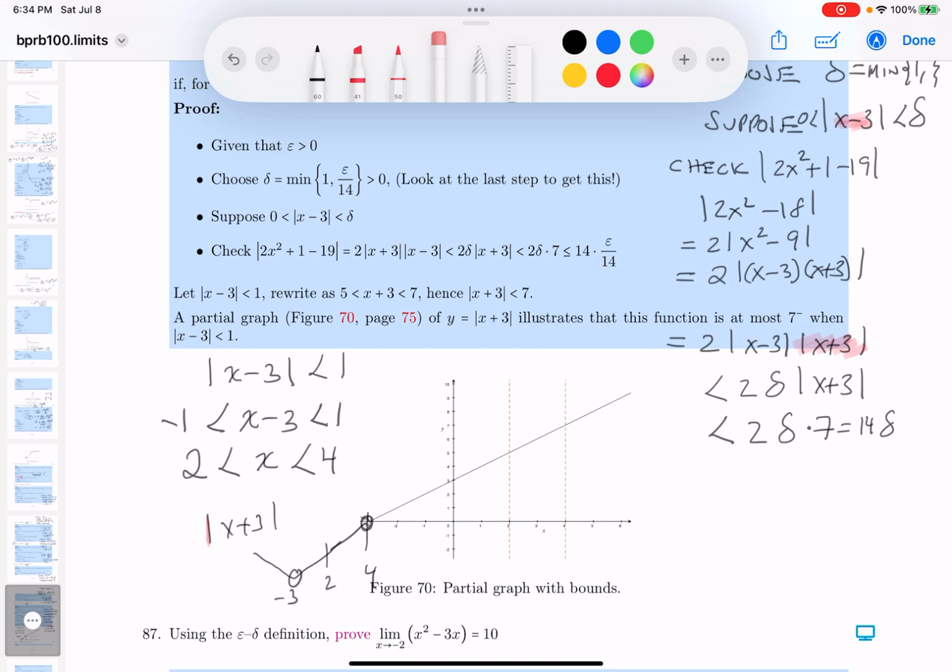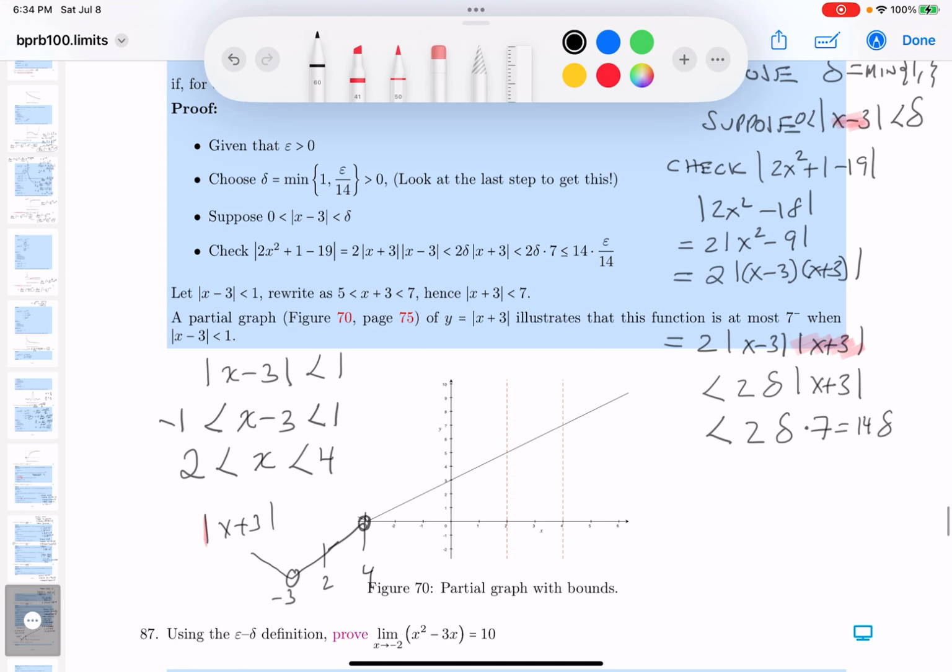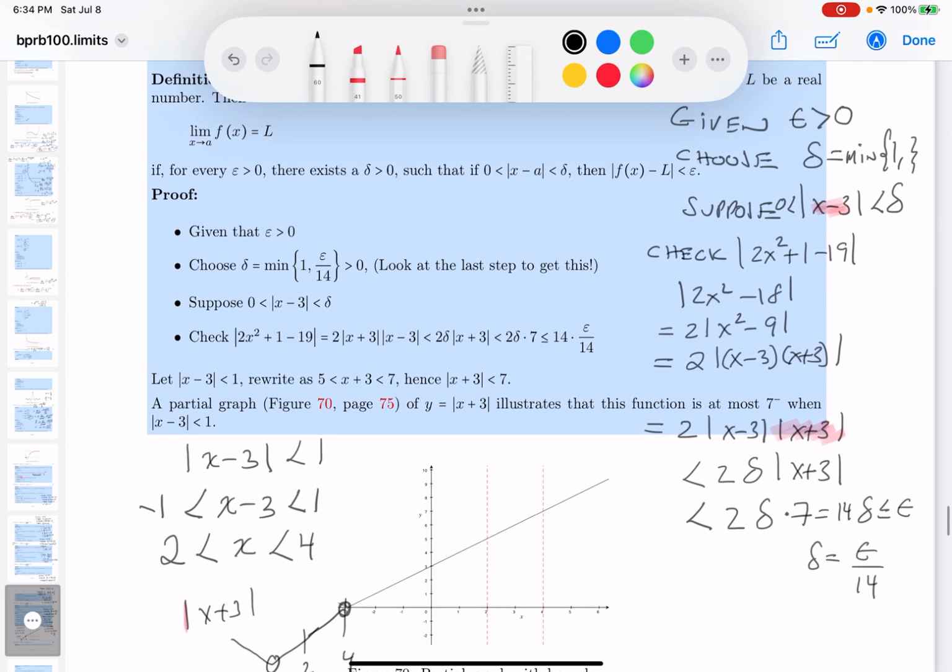Oops, sorry about that. So what's this delta going to be over here? This delta here would be epsilon over 14. All right? So epsilon over 14.